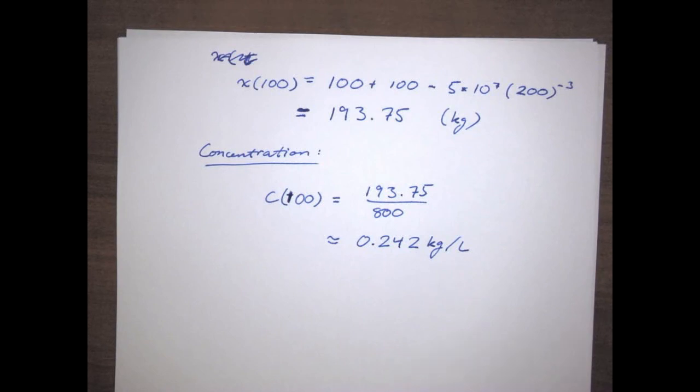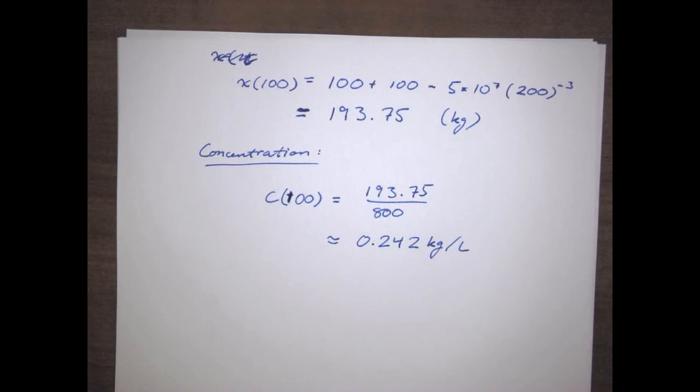So there's that. Notice that that's a number that makes sense because it's pretty close to what the concentration of the inflow was. And since we're talking about a relatively long period of time, what that means is that the overall concentration is more or less going to end up leveling off at the concentration of the inflow.